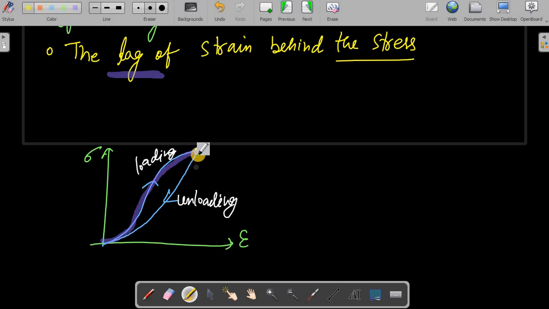While you are removing the stress, this graph is coming like this way. Right? So now you can see it is making some area between this. This area represents actually some loss of energy that we will be discussing afterwards. Okay.